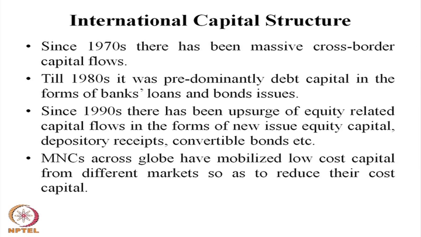Initially, it was international debt, in the form of sovereign debt and international banks, that flowed. This international debt continued to be a significant part of the capital structure, or capital source, for many MNC companies.